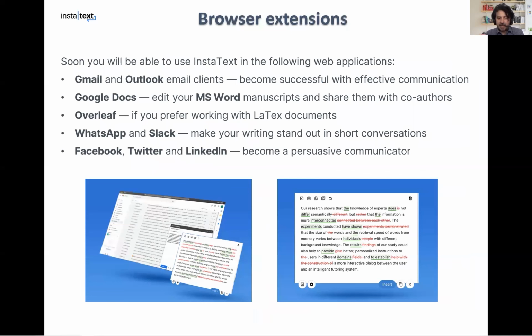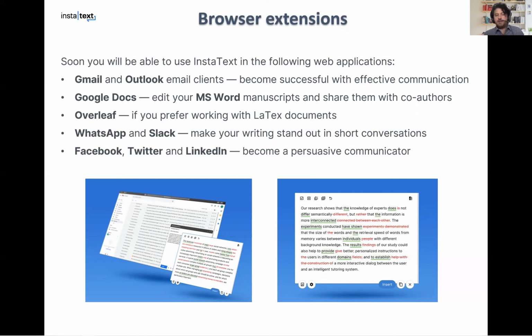The upcoming browser extensions will now enable also to use InstaText in Gmail, in Google Docs, Outlook Online, and MS Word Online within Office 365. Then Overleaf, if you prefer working with LaTeX documents. Also collaboration tools like WhatsApp and Slack.